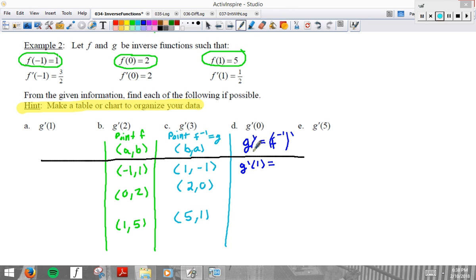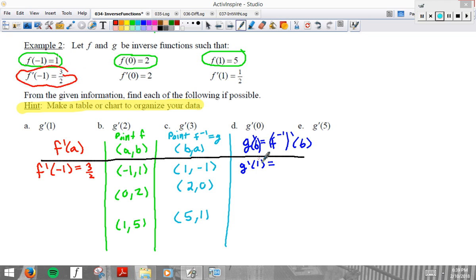So I guess we would call that g prime of b. I'm sorry. And over here, in red, we'll have f prime of a. So that would be f prime of -1, which I knew was 3/2 from my table.